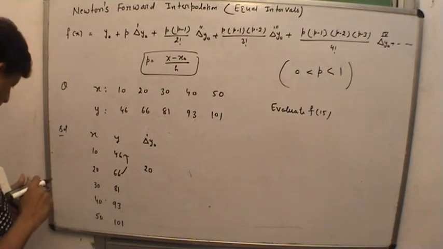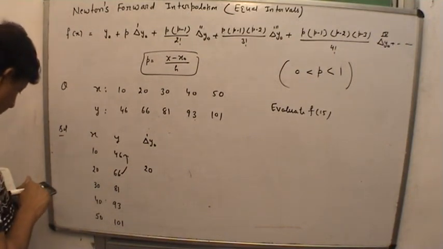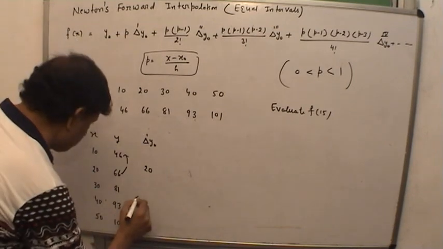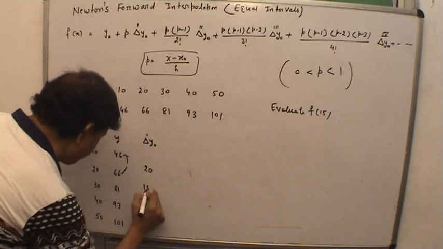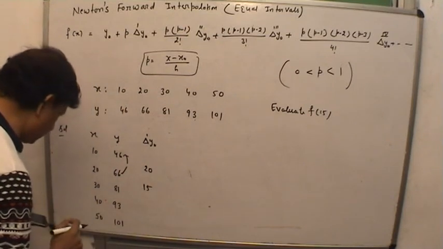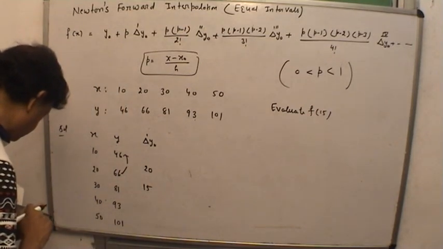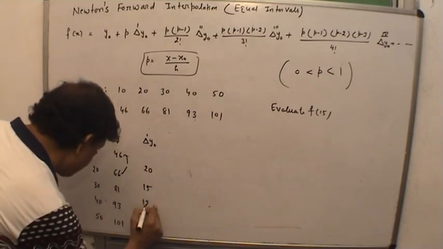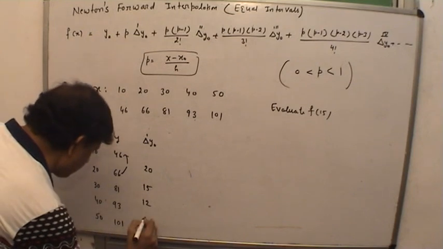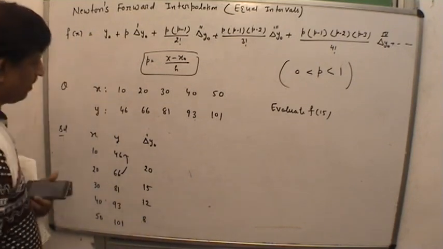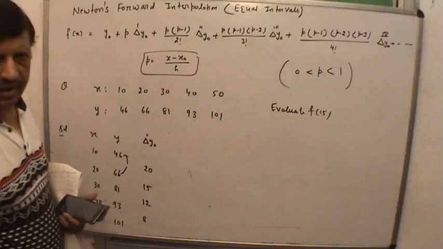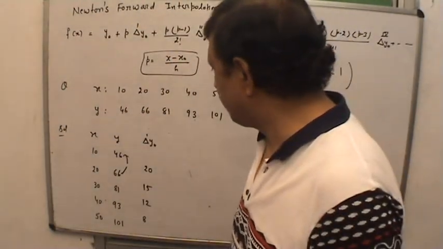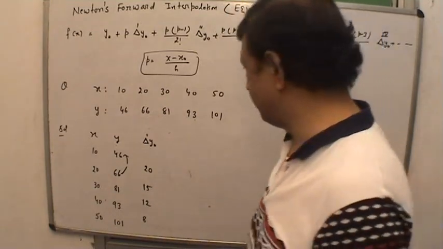Then 81 minus 66 is equal to 15. 93 minus 81 is equal to 12. And 101 minus 93 is equal to 8. These values may be negative or positive. Whatever result we get, we write it in this way.